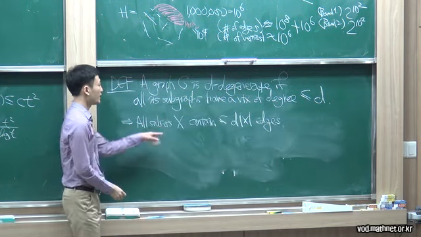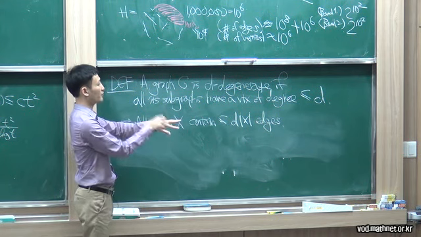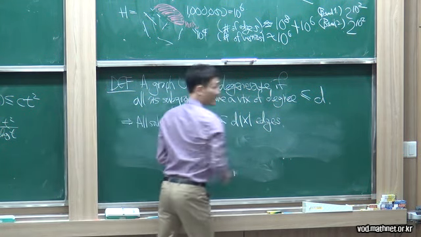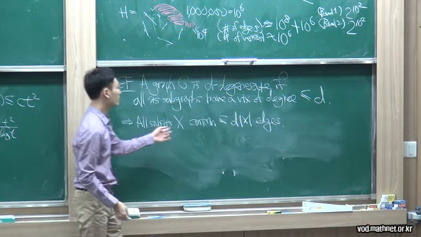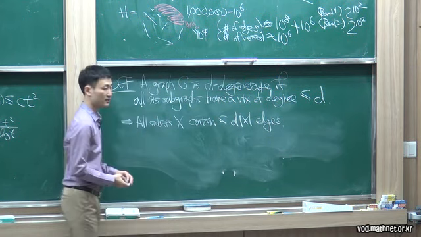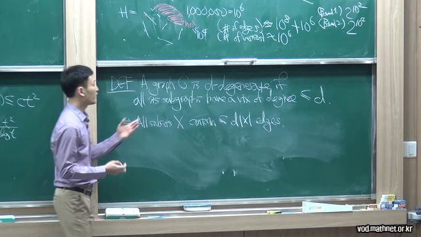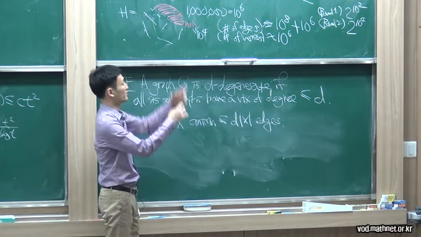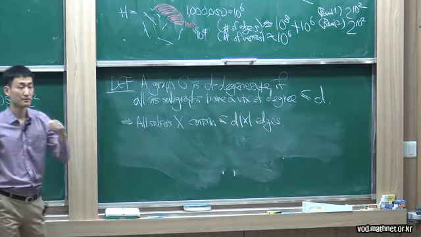Okay. So given a subset, just take out vertices of minimum degree one at a time. Each time we remove at most d edges. We can repeat it |X| times, so we have at most d times |X| edges. So you should think of d as a fixed small number, like 100, and the number of vertices grows like 10 to the 6 or even larger.